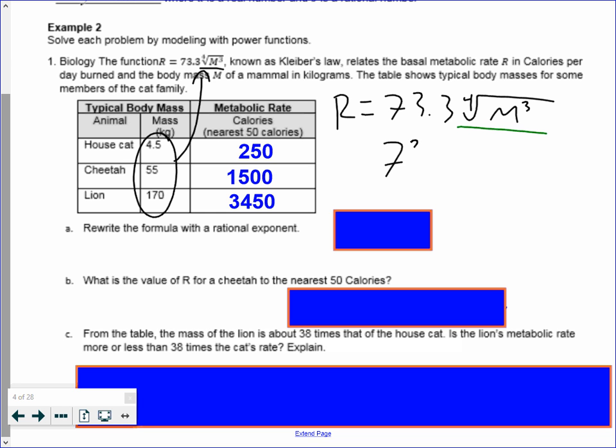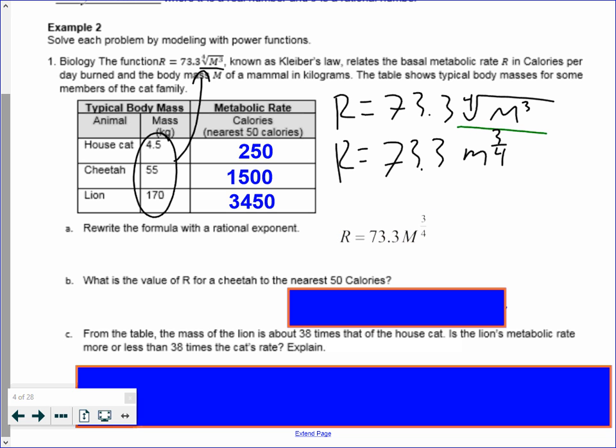And remember, it's power over root. Written a little nicer, it's right there underneath the blank: R equals 73.3 m to the 3 over 4. That's what we get when we rewrite the formula with a rational exponent. We change the radical expression into a rational exponent, and that gives us our formula.